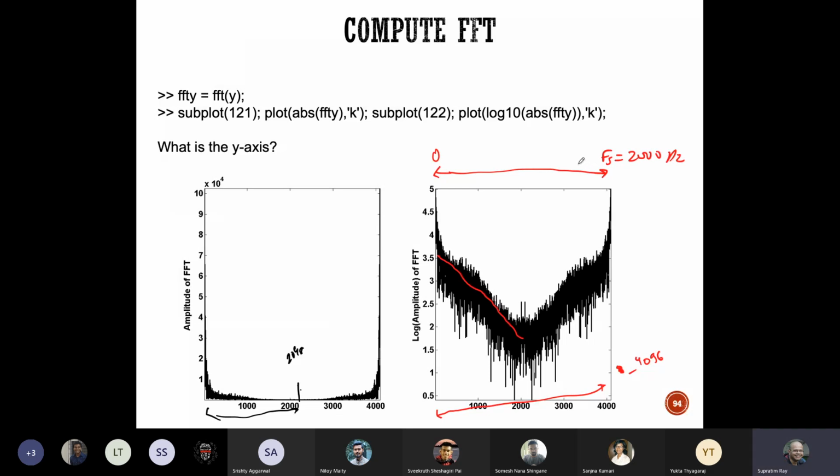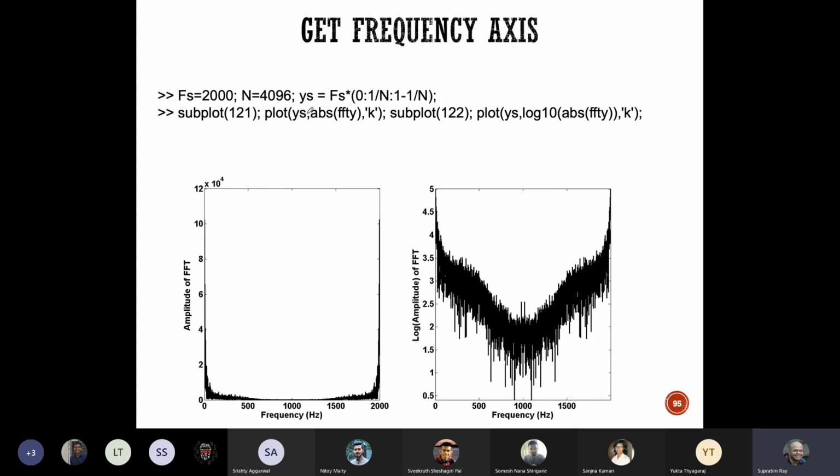But once I give you this, I can actually create a frequency axis, which is nothing but 4096 samples spanning 0 to 2 kilohertz. This is that function YS. I am dividing 0 to 1 into 4096 spaces.